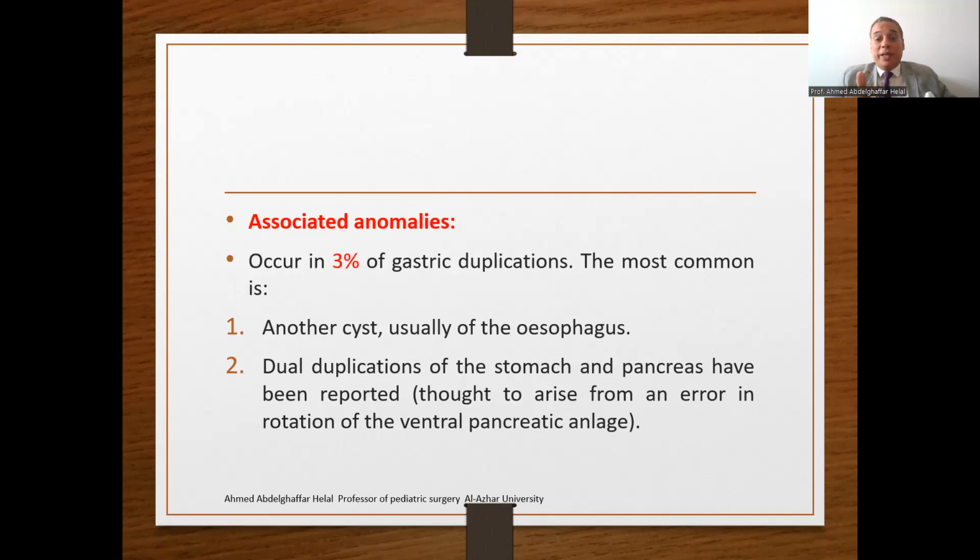Dual duplication of the stomach and pancreas has been reported, thought to arise from error in the rotation of the ventral pancreatic analog. So there may be dual duplication, or another cyst in the esophagus and the stomach, or the stomach and the pancreas, due to abnormalities related to the rotation of the pancreas.